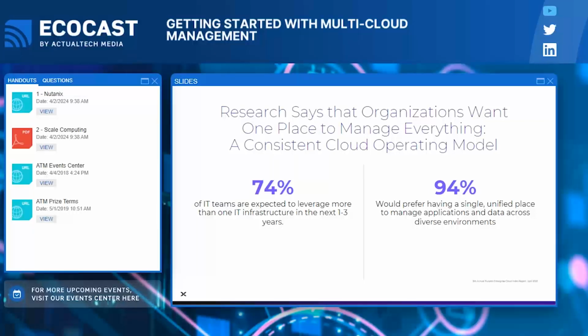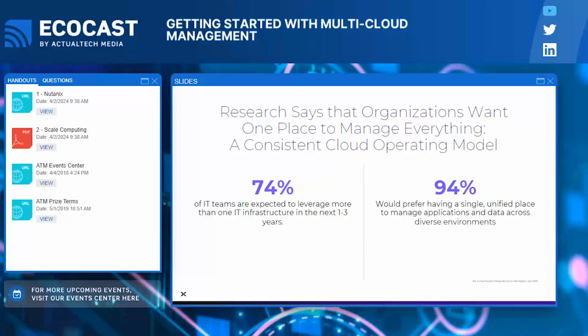74% of the customers surveyed said they expect to leverage more than one IT infrastructure in the next 1 to 3 years. And that IT infrastructure could mean cloud, a public cloud. It could be what's remaining on-premise and what's still being managed on-premise. It could be what's going on at the edge where they're collecting machine data and they need to manage that edge infrastructure and that edge deployment. And I should mention, it could also be service providers that are helping you manage your data center from their site.